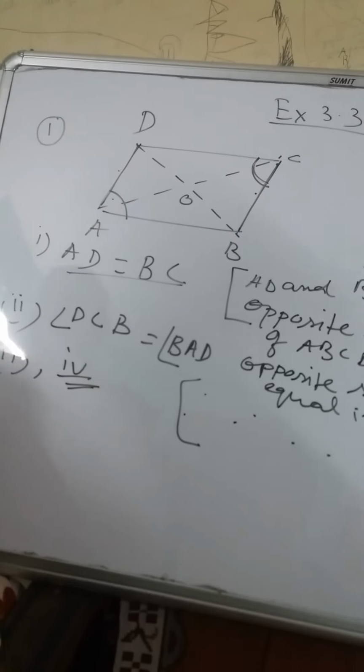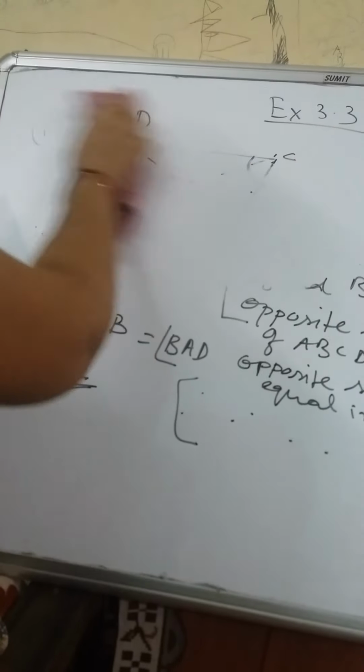Next is question number 2. Consider the following parallelograms. Find the value of the unknowns x, y and z. Diagrams of some parallelograms are given. You have to find x, y, z.